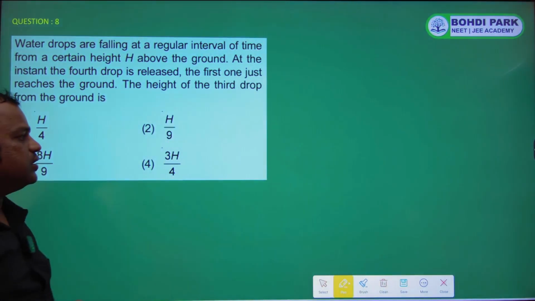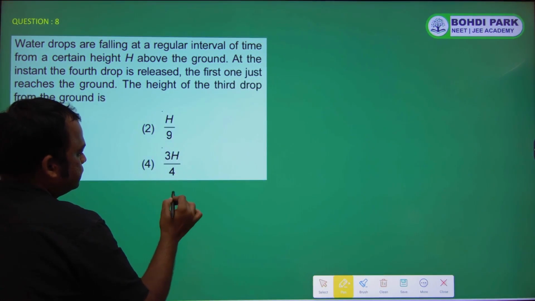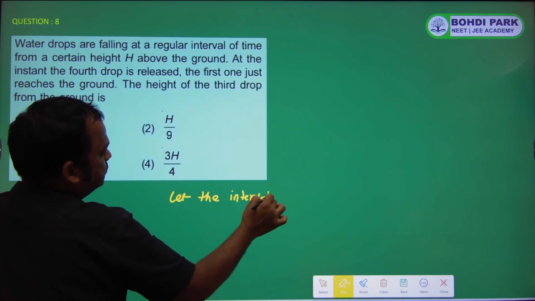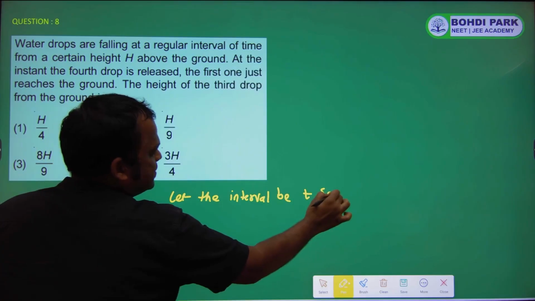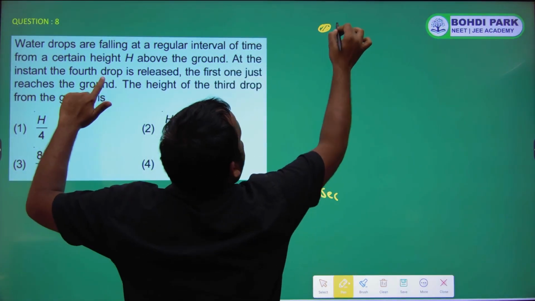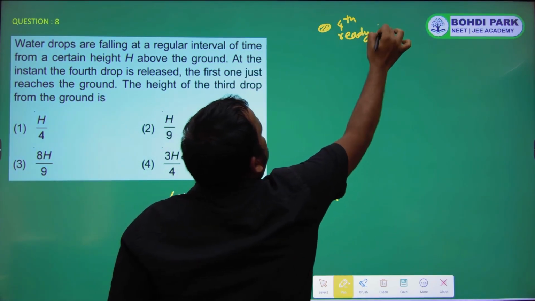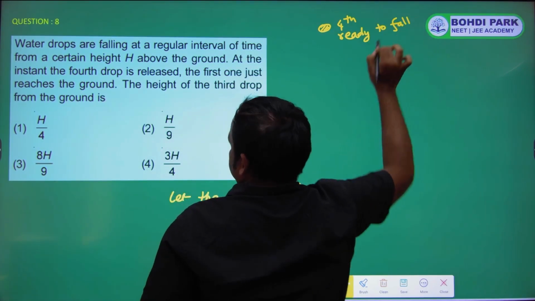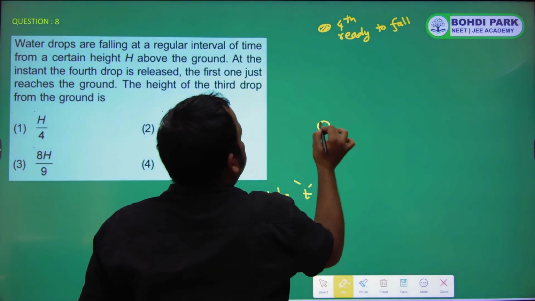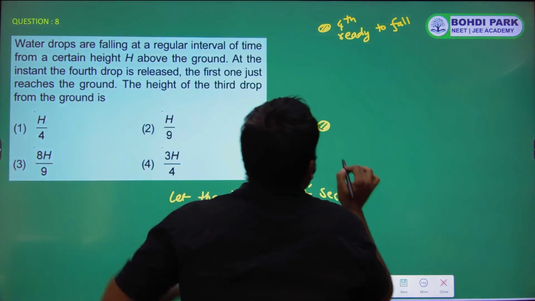So let's draw the diagram. Let the interval be t seconds. So when the fourth drop is ready to fall, the first one just reaches the ground.